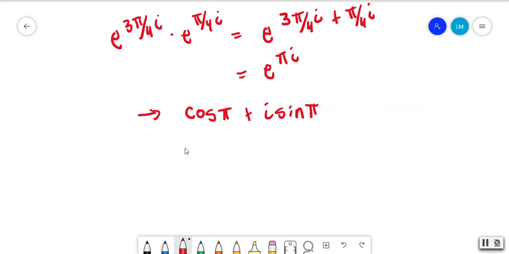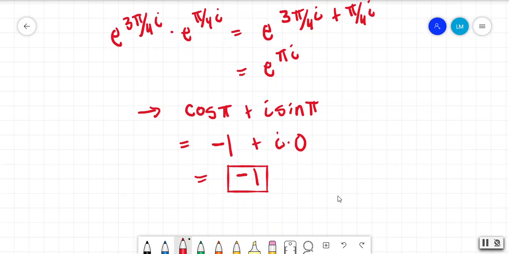But check this out: this is equal to negative 1 plus i times 0, which is just negative 1. So this gave me the real number negative 1.